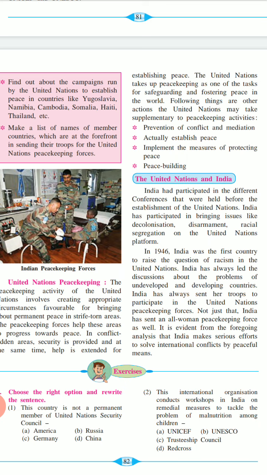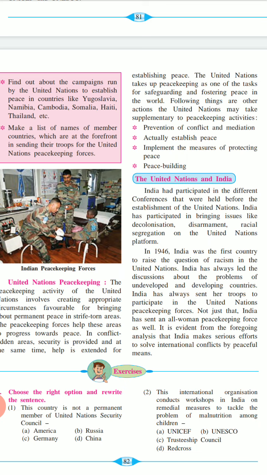India was always stepping forward to bring issues like decolonization, disarmament, and racial segregation onto the United Nations platform. So India has always been taking great care of peace and harmony.